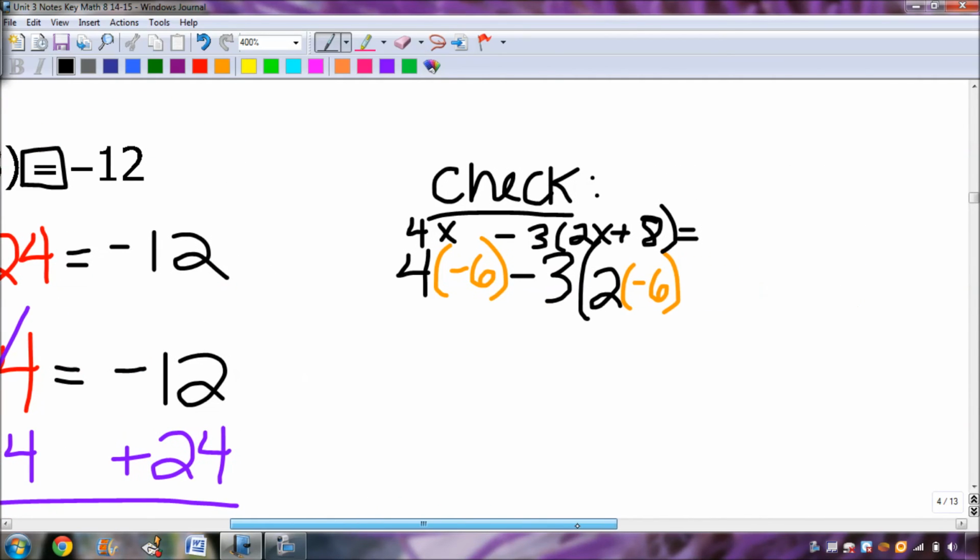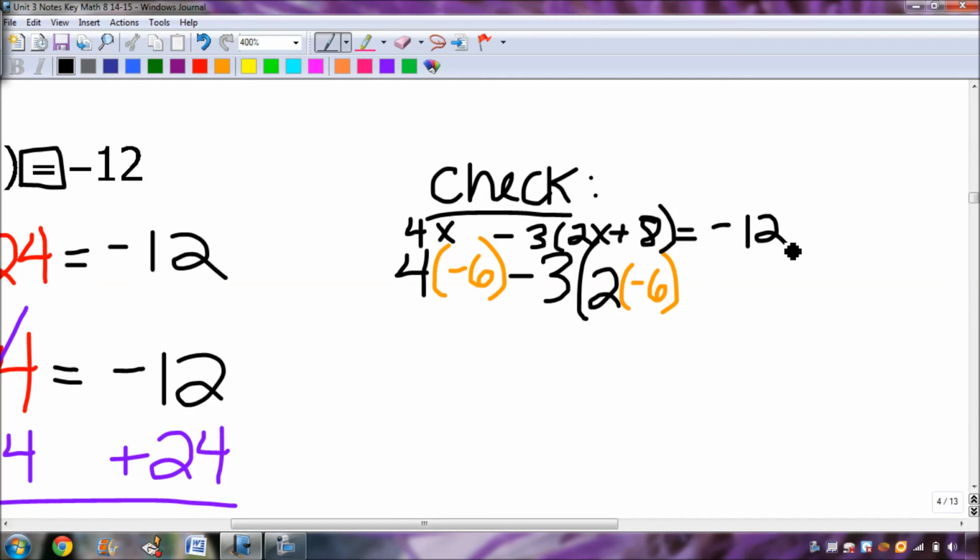And then I can just scroll over. So equals negative 12. So if you notice, I did 4 right here. Here's my 4. Instead of x, I replaced it with negative 6. Copied everything down, negative 3, parentheses, 2. Instead of x, I replaced it with negative 6 plus 8 equals negative 12.